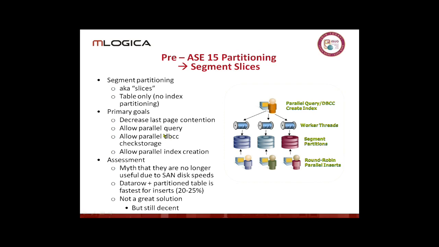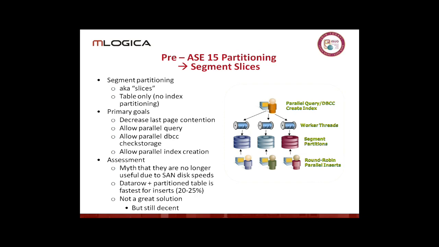So prior to 15, what the partitioning basically allowed you to do is to create separate page chains. And creating separate page chains did have some advantages. You could, for example, say, I want to spread the I/O across these devices for insert, have 3 separate insert points, and spread things out that way. Having these partitioned prior to 15 also increased your parallel query performance, parallel check storage performance, parallel index creation.